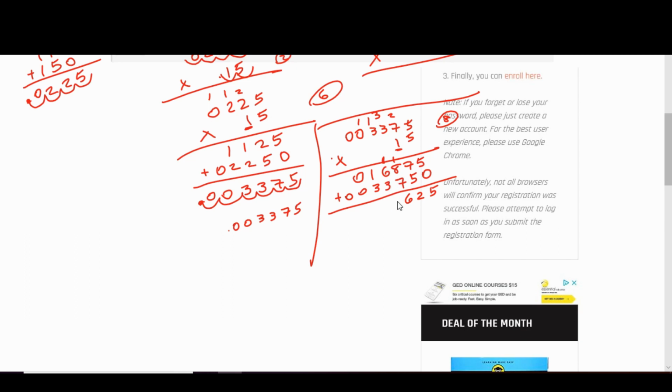6 plus 3 is 9. Plus 1 is 10. Carry the 1. 1 plus 3 is 3. Plus 1 plus 3 is 4. Plus 1 is 5. 0 plus 0 is 0. 0 plus 0 is 0. Let's add our 8 decimals back in. 1, 2, 3, 4, 5, 6, 7, 8.